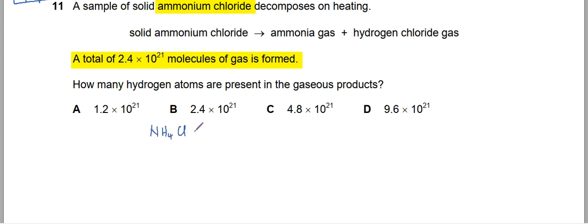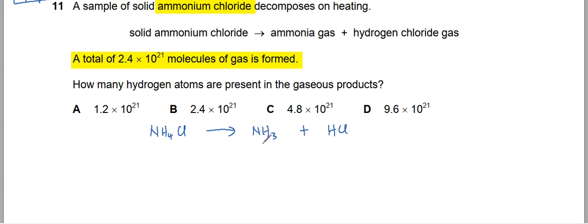So this is ammonium chloride, which decomposes into ammonia and HCl. So this is fully balanced.